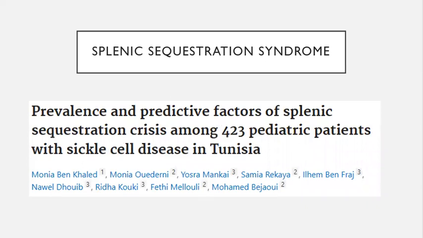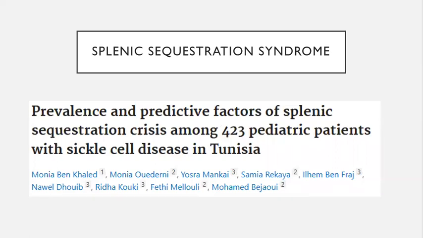I found this interesting article, which was done in Tunisia about 2 years ago, that looked at the predictive factors of splenic sequestration crisis among 423 pediatric patients with sickle cell disease. So it was a multivariate analysis, and they identified 4 baseline risk factors for the initial episode of splenic sequestration.